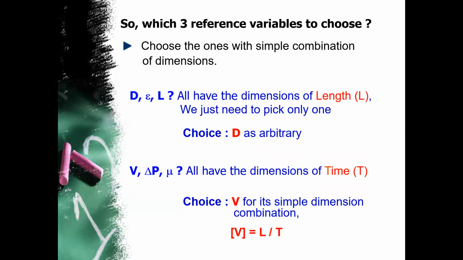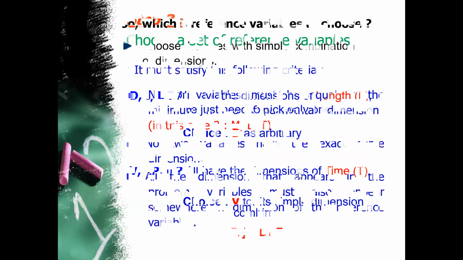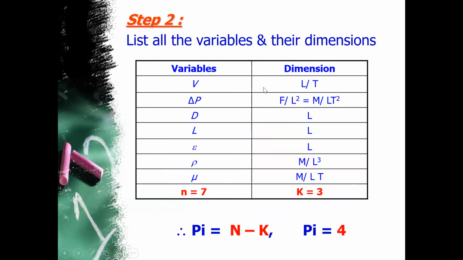Let's move to the second fundamental dimension, time. Go back to the table. Which one of the seven contains time? You have this one, this one, and this one. The next question is which one is the simplest. The simplest one will be this one, because it's just length over t, just two dimensions.